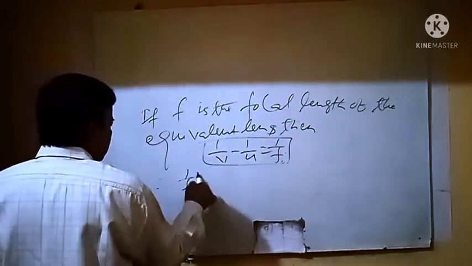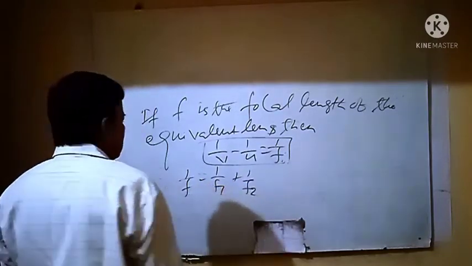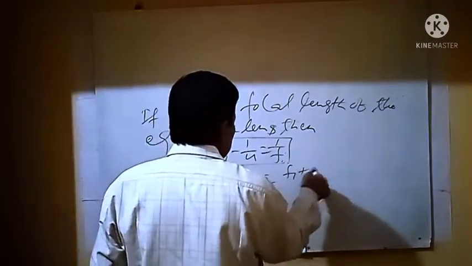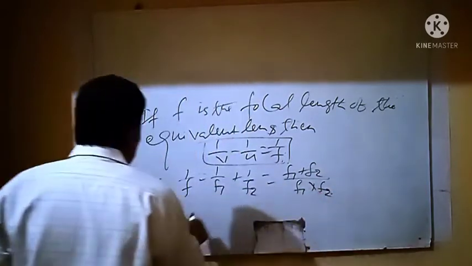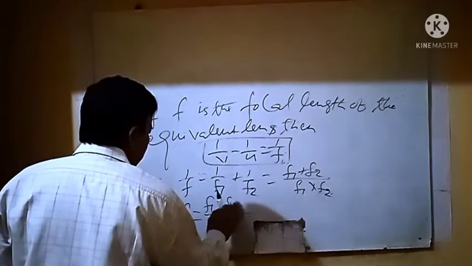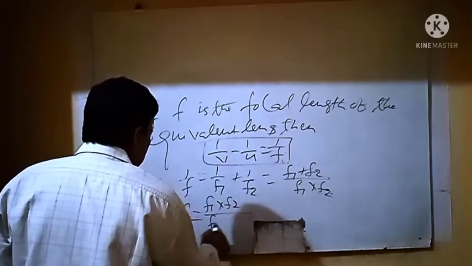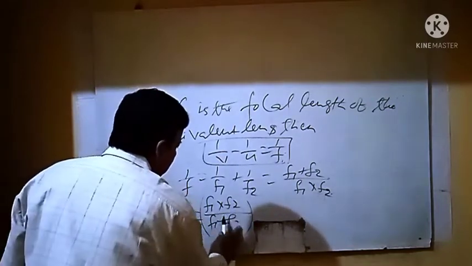Therefore 1 by f is equal to 1 by f1 plus 1 by f2, which is equal to f1 plus f2 by f1 into f2. So what is f? f is equal to f1 into f2 divided by f1 plus f2.